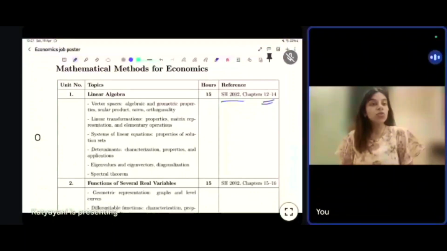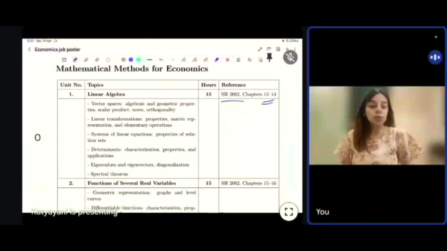Some of these topics you might have already done in your 11th and 12th standard, right? But here basically we'll be studying these topics from the angle of economics, right? How do we use these concepts for economic analysis, for micro modeling, and so on. The chapters that we'll be following will be chapter number 12, 13, and 14 from Sydsaeter and Hammond.